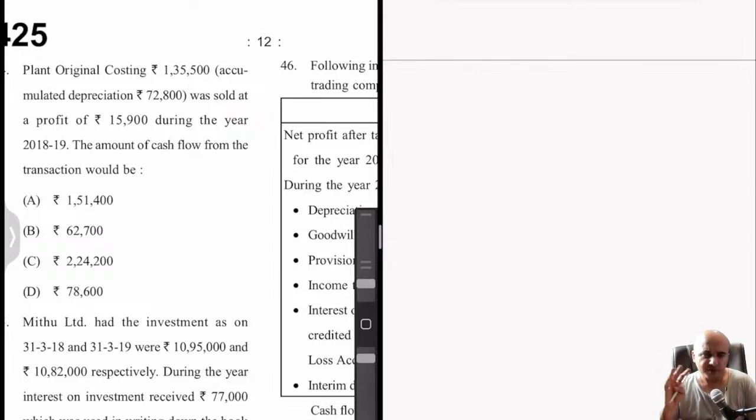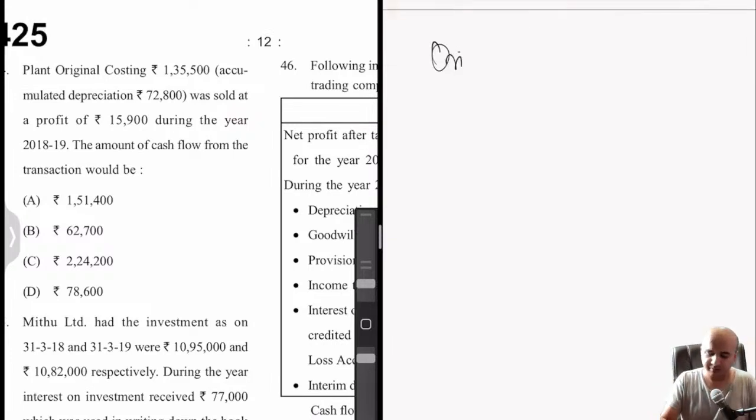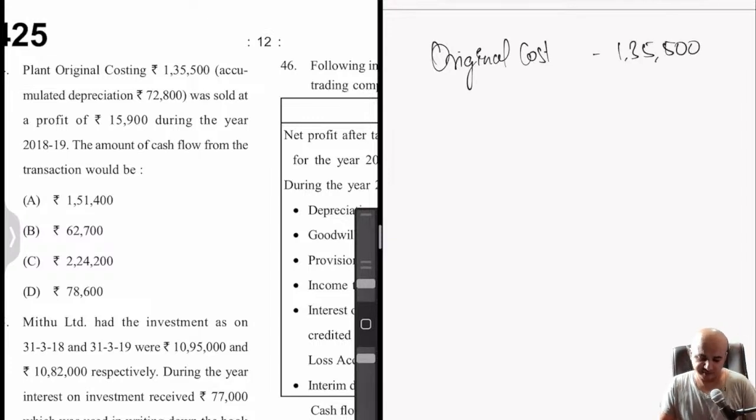So first of all, we have to understand what is the written down value of the asset. The original cost or purchase price of the asset is 1,35,500.